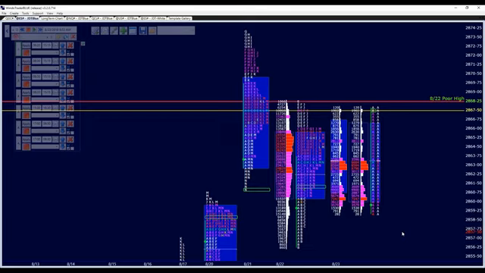Now, when I introduce a concept like this, you're going to say, well, Jim, what is too many? And I'm going to say, I don't know. I can't tell you what too many is. This is another thing that you learn as you watch the markets. And again, it's going to surround context.